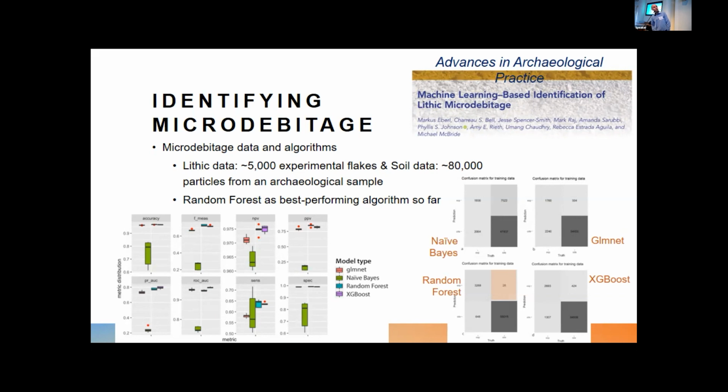You see here the confusion matrices on the lower right. It's really interesting for me that not all of these algorithms were similarly good at identifying microdebitage. In this article, we conclude that for this specific case study, the random forest model is the best performing algorithm.